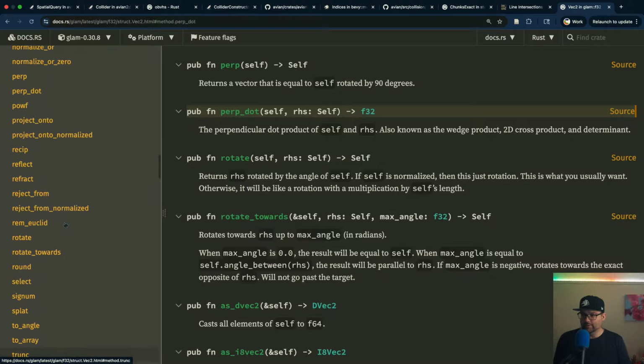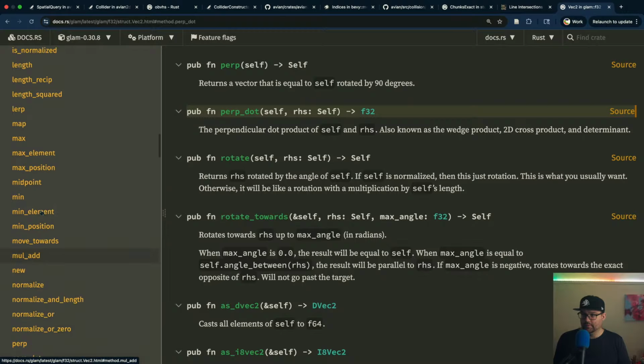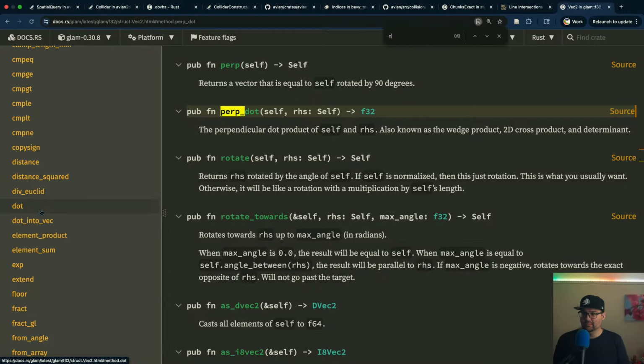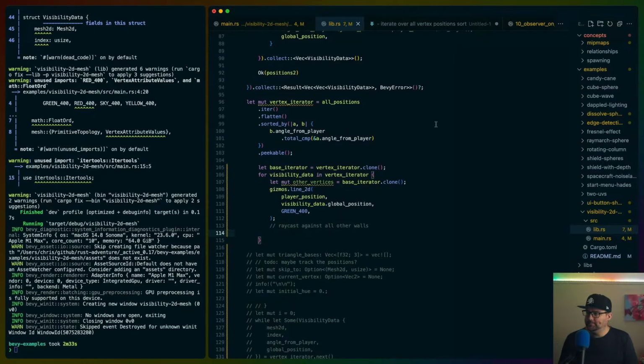Wait, perp dot isn't what I was thinking of, is it? Yeah, 2D cross product. So I wonder if this could help us at all. Everybody that I've seen seems to be doing the 3D version. So let's see.